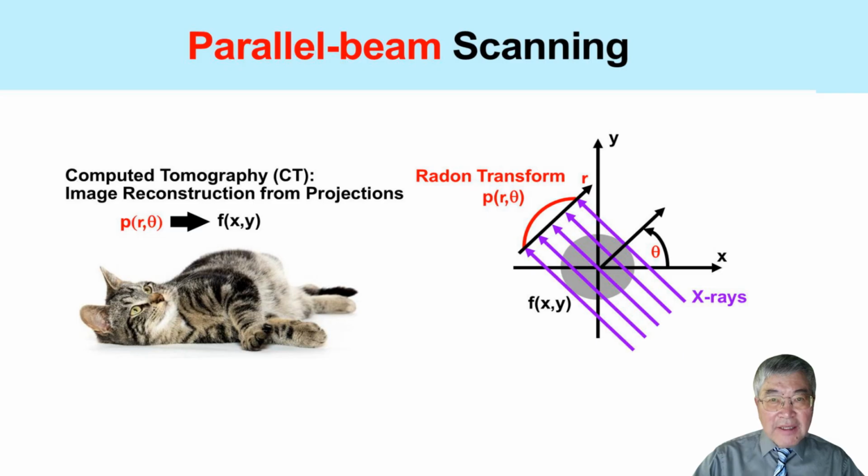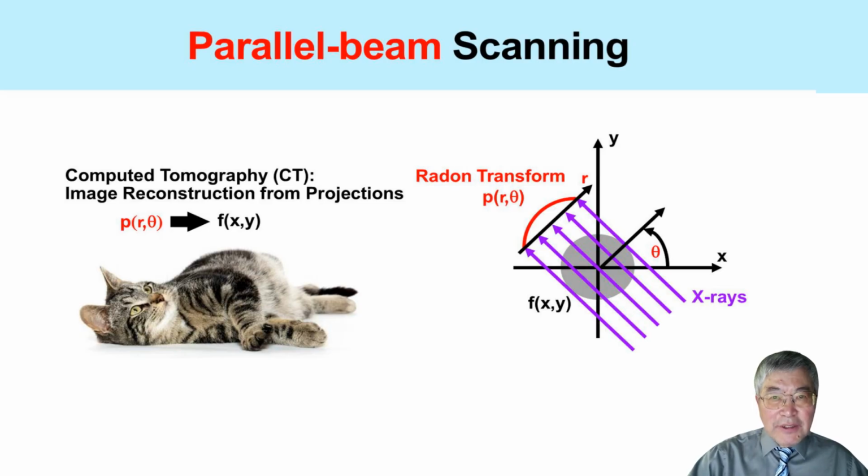On this slide, we denote the projection data as P of r and theta, where r is the detector position and theta is the projection angle. The goal of CT is to recover the unknown image represented by f of x and y from these projection measurements. So in simple words, CT is image reconstruction from X-ray projection data.